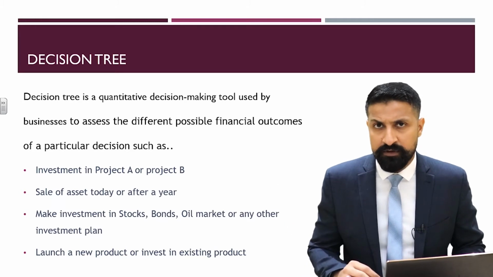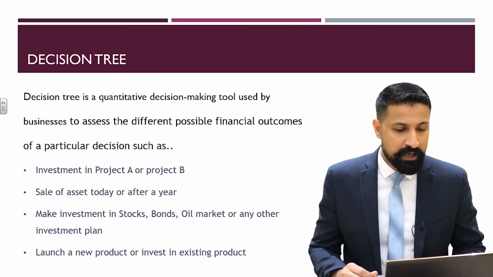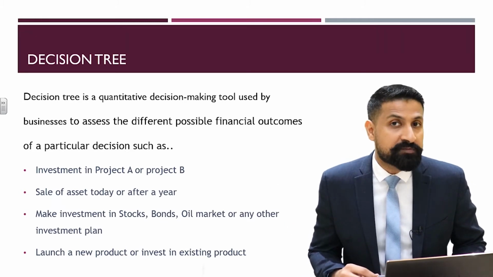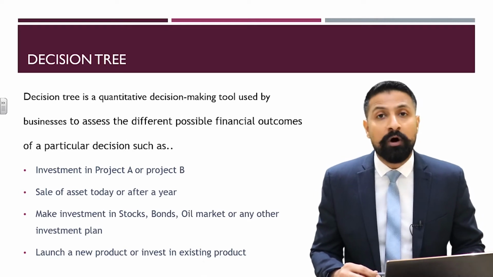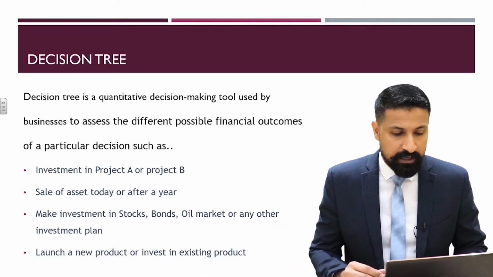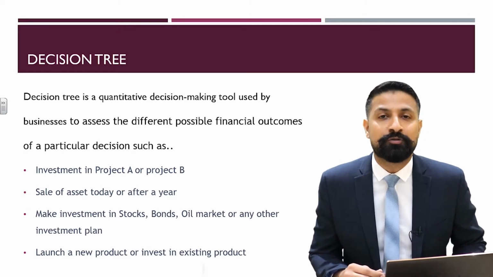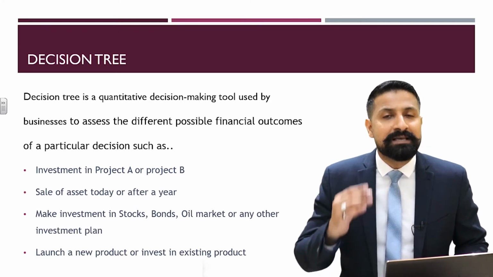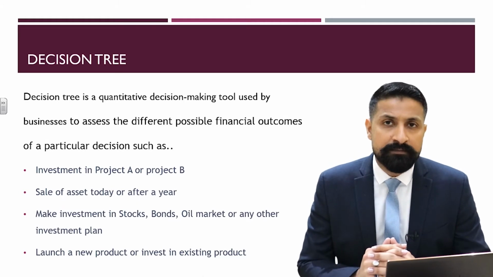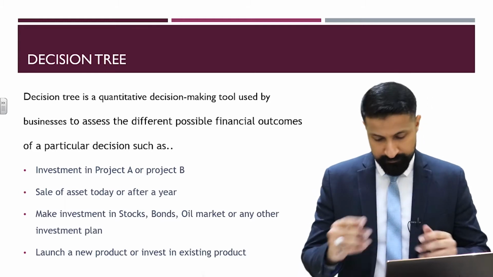This type of case study we are going to discuss after some time. Whether you should make investment in stocks, bonds, oil market or anything else, and whether you should launch a new product or you should invest in the same product. Several other decisions are made after preparing a proper decision tool.